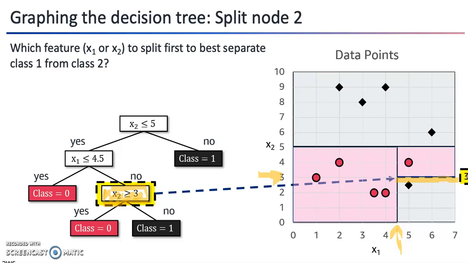So above the value of 3, we get a subregion that contains only 1 point that is correctly classified, and there is also another point below that which is isolated and correctly classified.